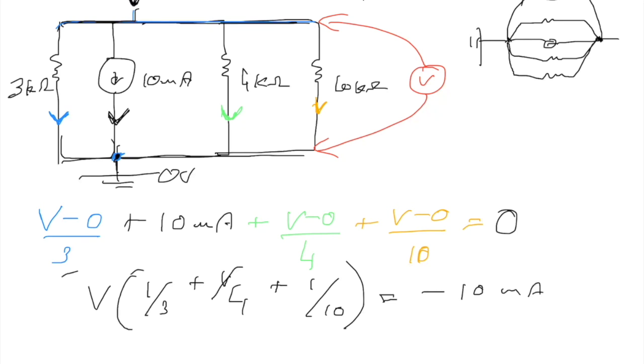So V times (3 inverse plus 4 inverse plus 10 inverse), which is 0.68, is equal to minus 10 milliamperes. So your V would be minus 10 milliamperes divided by 0.68.